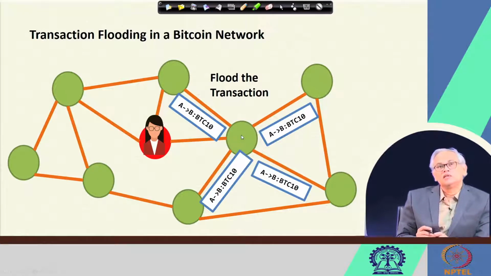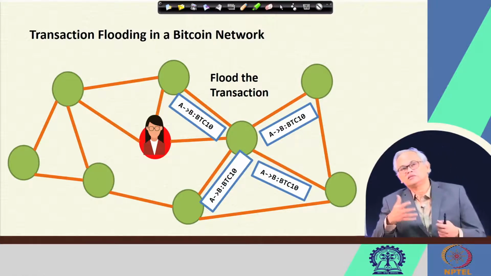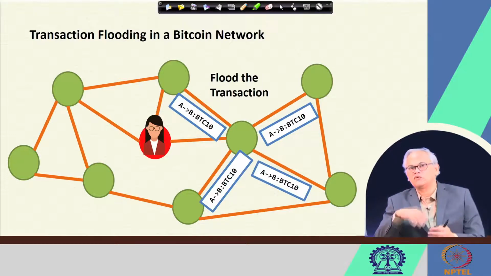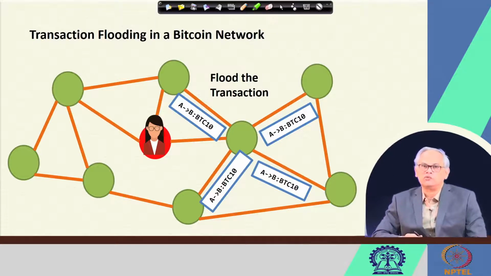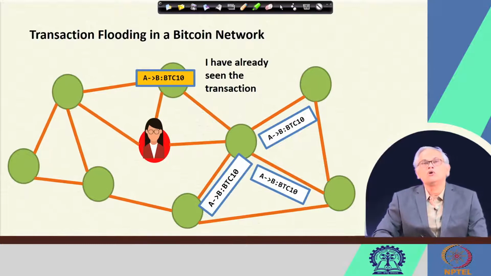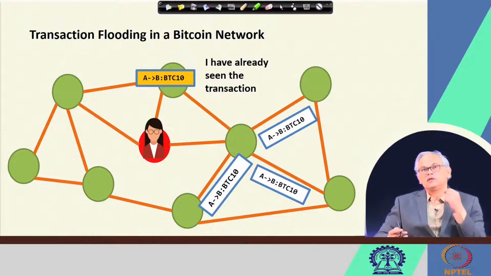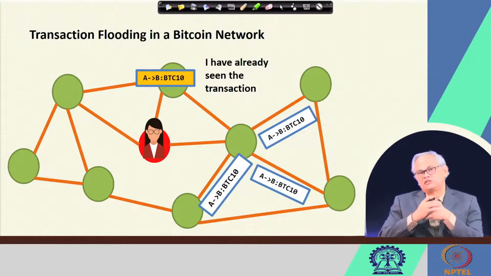That means this node is getting the transaction first from Alice, then from one of her neighbors, which is also a common neighbor for this particular node. So, it will see that this transaction it has already seen before, and because it has seen it before, it is not going to add it to its list of such transactions. It is not a new transaction for this node.